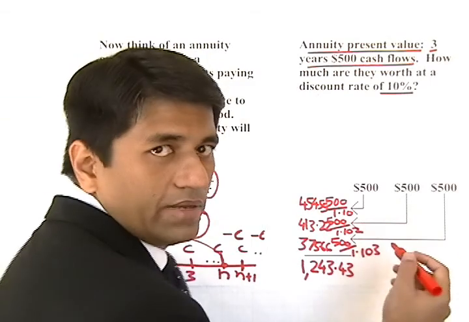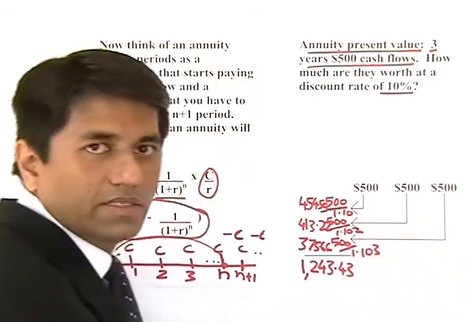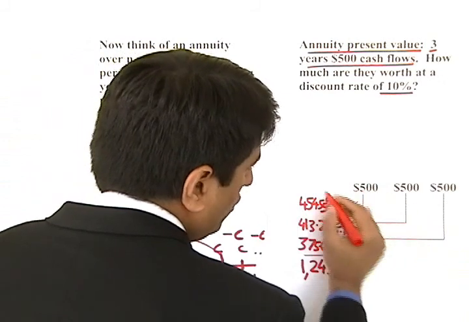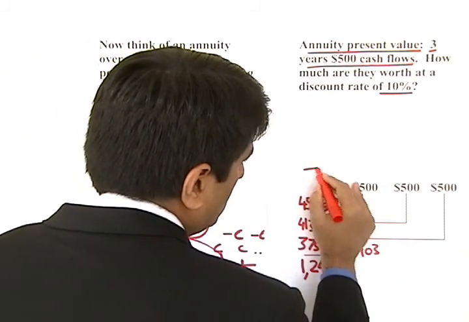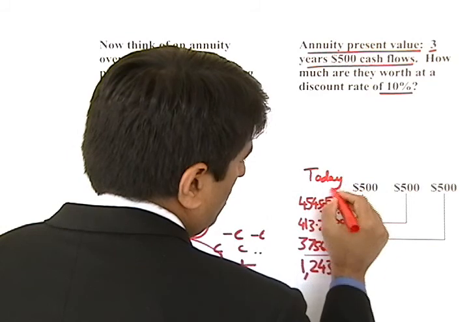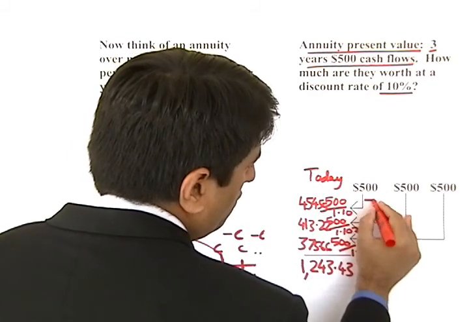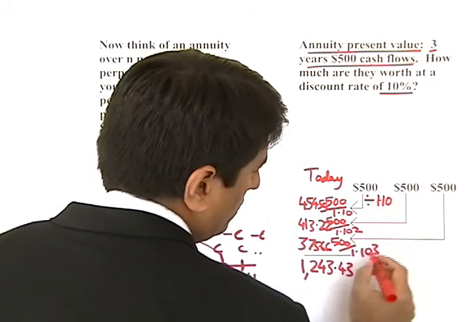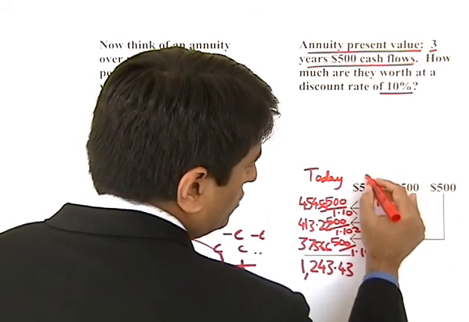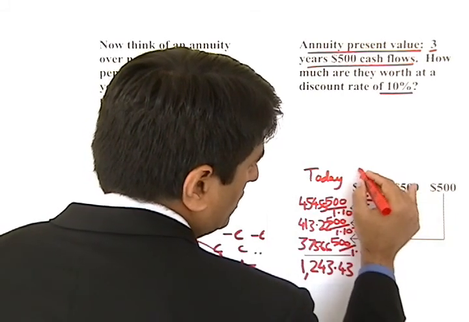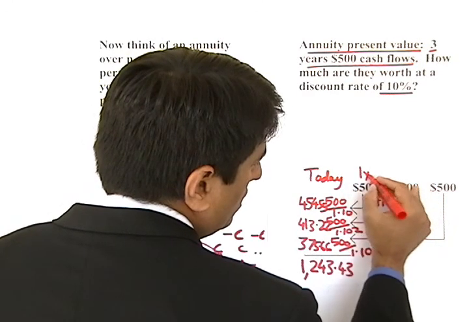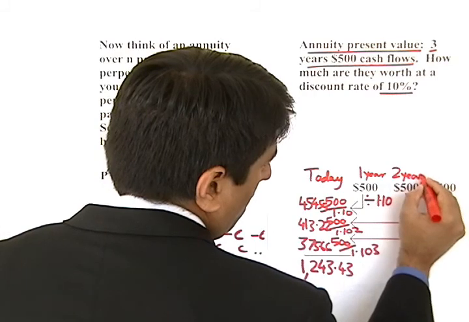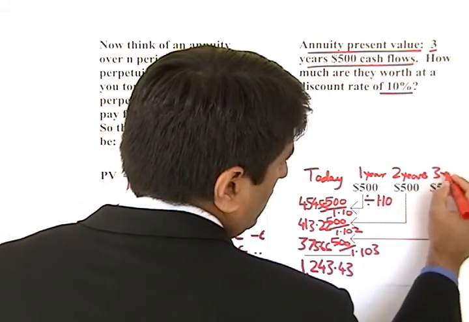So essentially what we did here is we took the 500 and, to bring it to today, we have to divide by 1.10. The 500 is 1 year away, this is 2 years away, and this is 3 years.